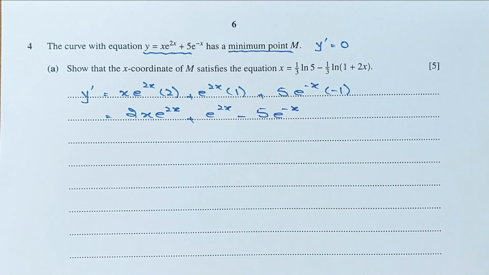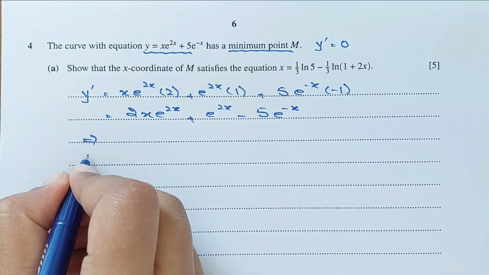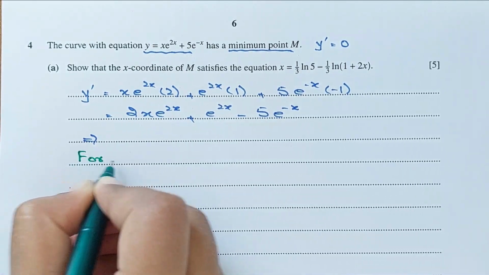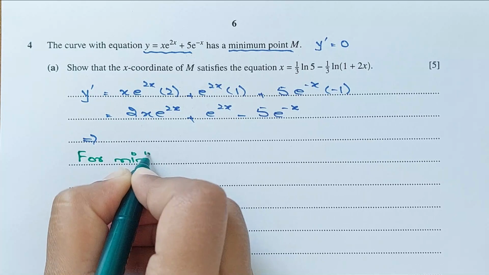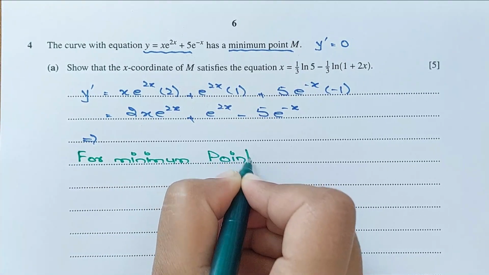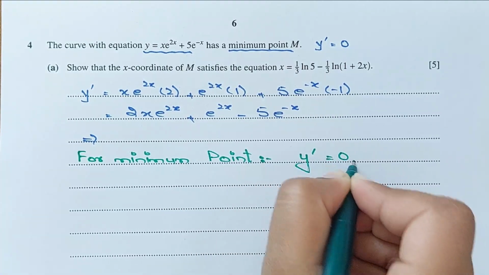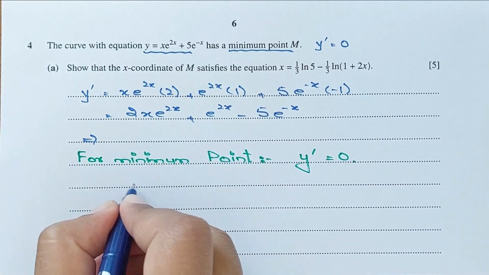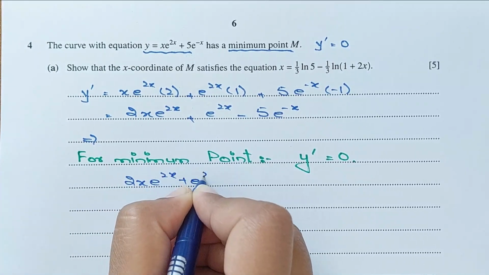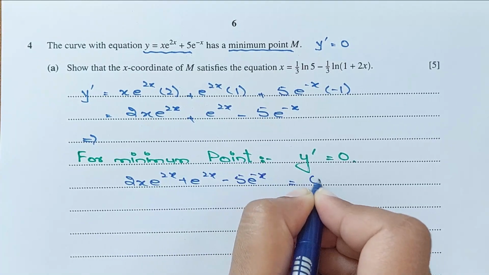So to find the x coordinate, we have to put this equal to 0. So we can say for the minimum point, y prime should be equal to 0. So 2x e power 2x plus e power 2x minus 5 e power minus x should be equal to 0.